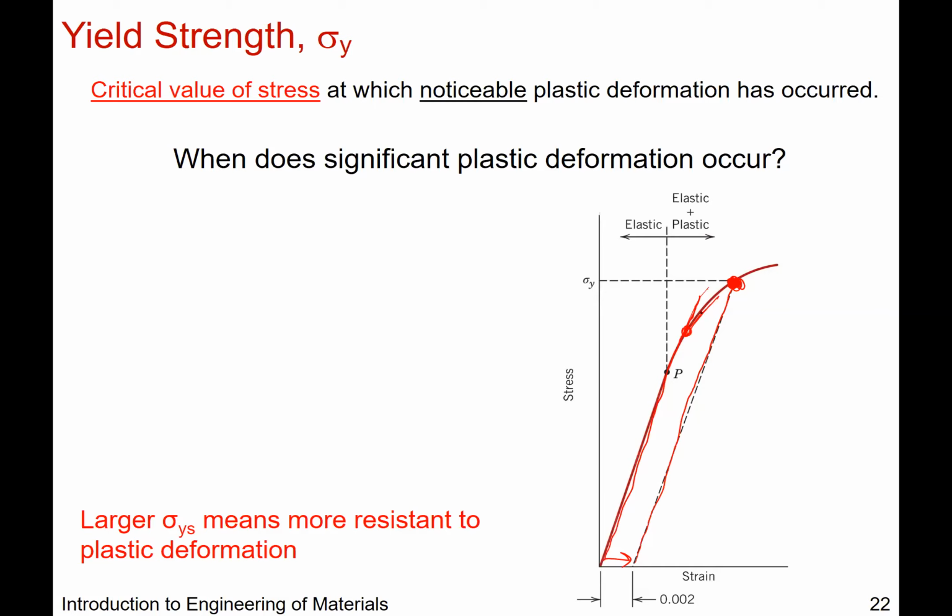Well, atomically, we can't really see that. So the standard convention as deemed by the ASTM is that you go over 0.002 strain, and then you follow the slope, and where it intersects, that is the definition of yield strength, okay?